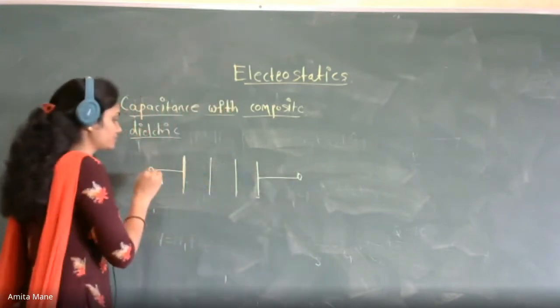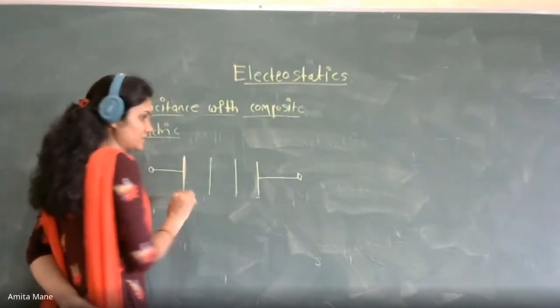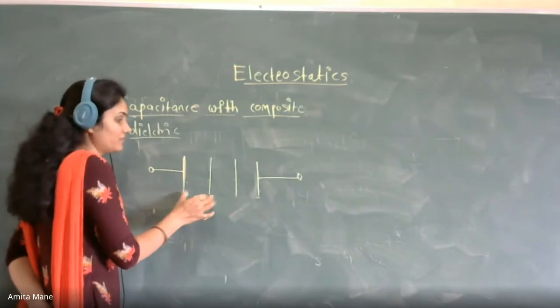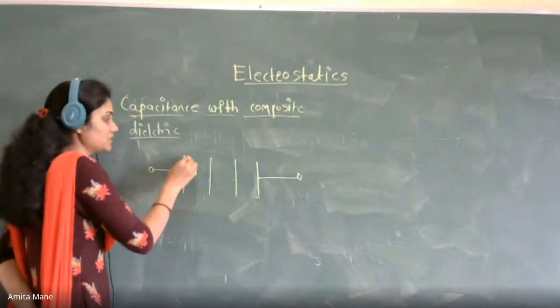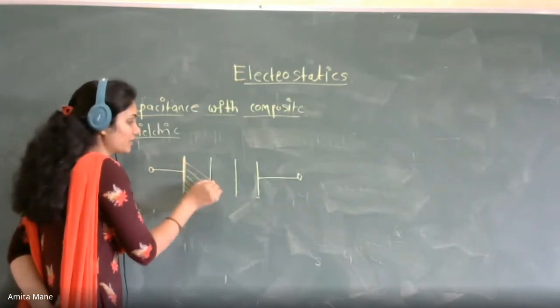See. Here there are 1, 2, 3, 4 plates. Okay, and these 4 plates are forming the combination of 3 capacitors, first, second, and third. Now suppose in these capacitors the dielectric material is different.